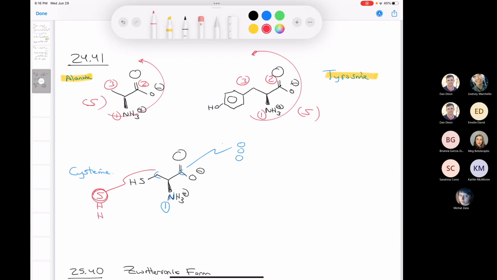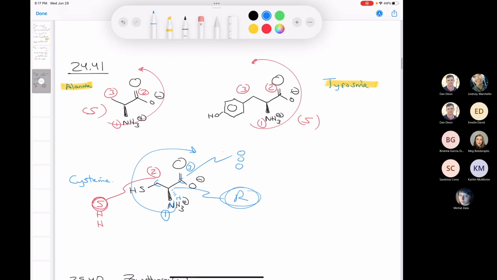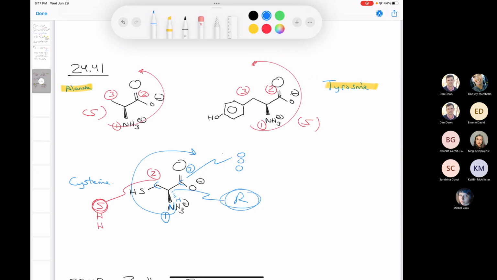Well, clearly, sulfur has a higher atomic number than oxygen. And so now we have this carbon, which is number 2, and this carbon, which is number 3. So we go from 1 to 2 to 3. Our hydrogen is in the back. And so cysteine is the only amino acid that has the R stereochemical configuration. A good exception to know.